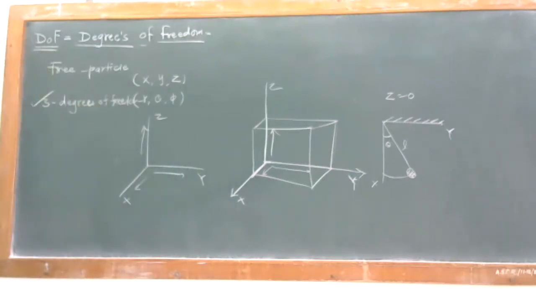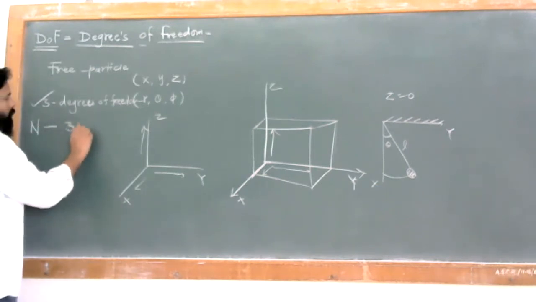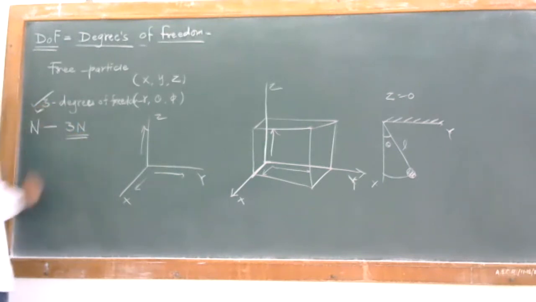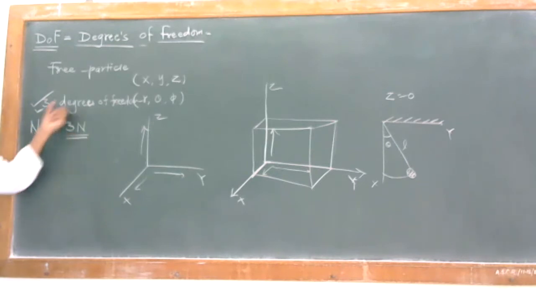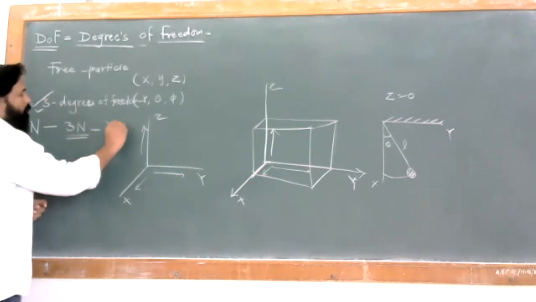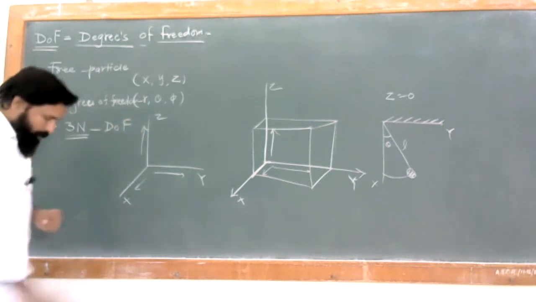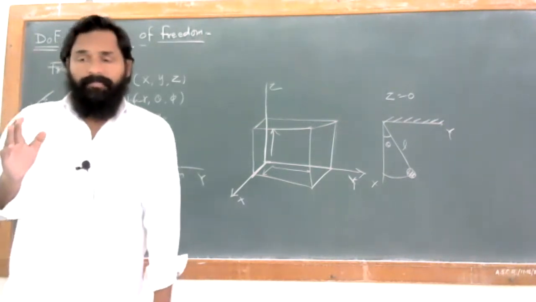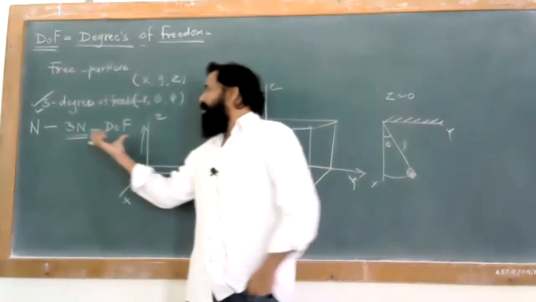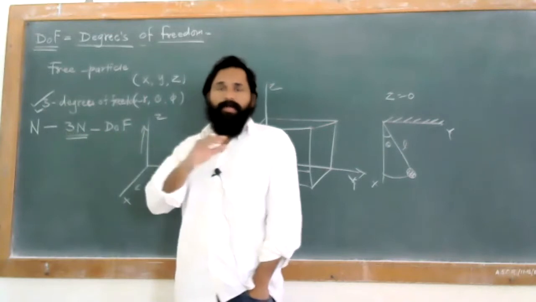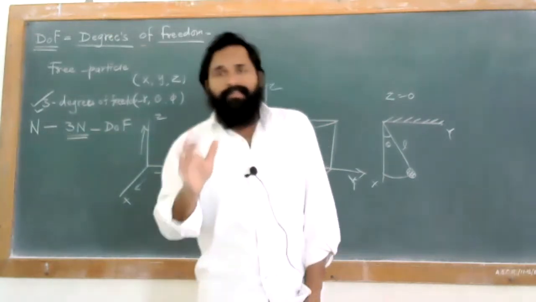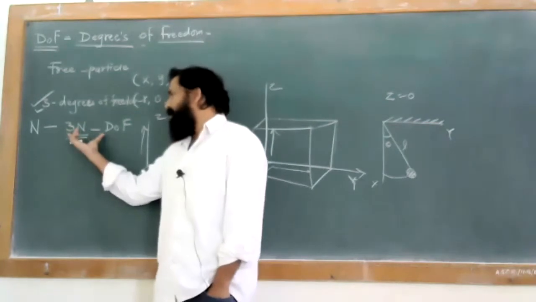Now, let us say we have n number of particles. These n particles have 3n degrees of freedom. How many for one particle? For one particle there are 3 degrees. So for n particles, you will have 3n degrees of freedom, if these particles are free from constraints. What does constraint mean? If there is no constraint, in the sense of restriction, on these particles, then how many degrees of freedom will there be?